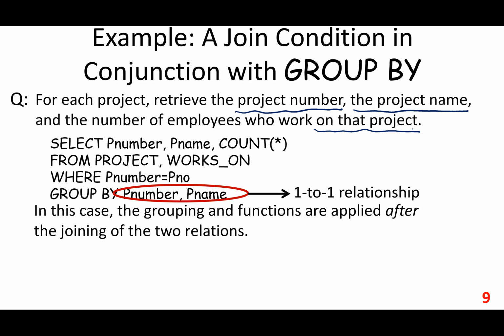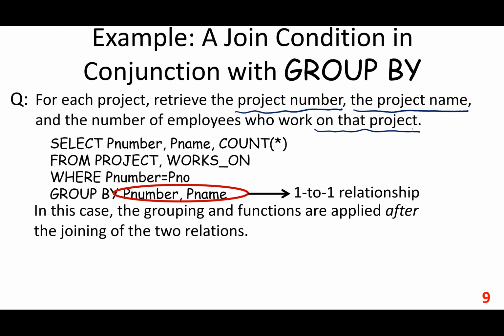How can you make two different projects have the same name? You cannot. Unique project number, unique project name. But if you use two attributes, that's the same as using one attribute to define a group, because project number is already enough to define a project group.